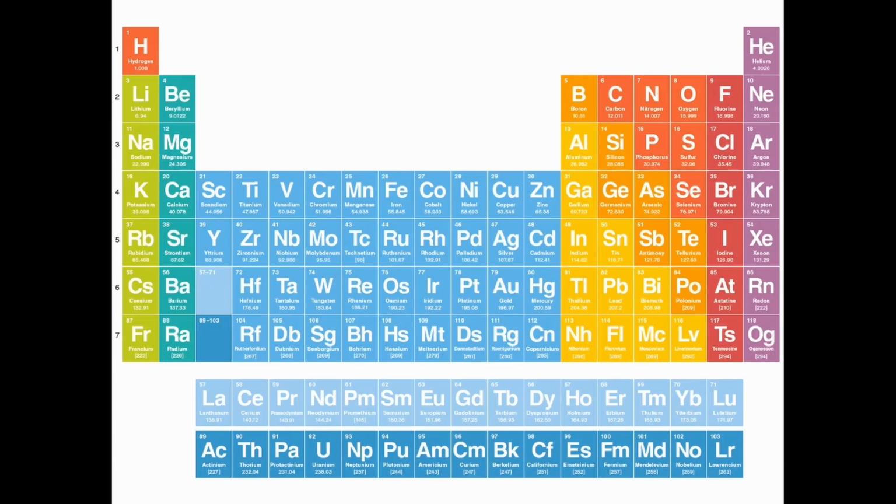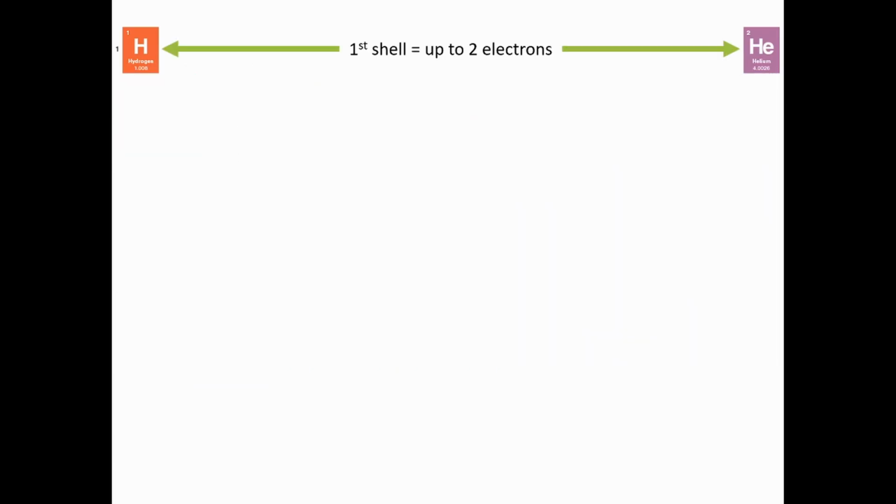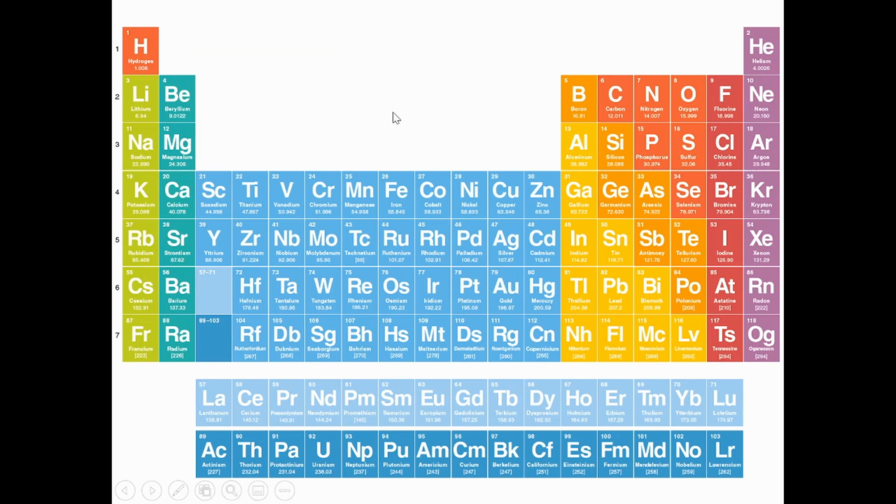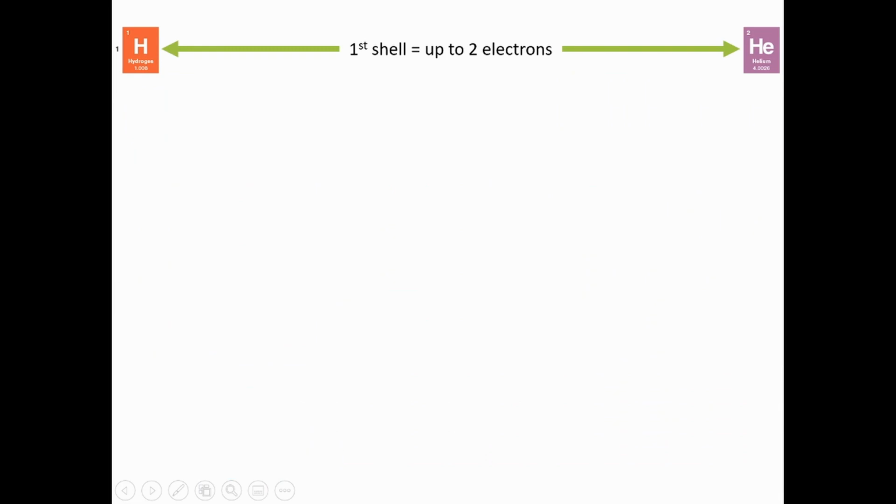Okay, so we look at the periodic table, and we break down how many electrons can fit in each. Remember, we have this funky shape. We have hydrogen and helium up at the top by themselves, and then the rows get a little bit bigger until we get down towards the metals. In this top row, we only have a first shell.